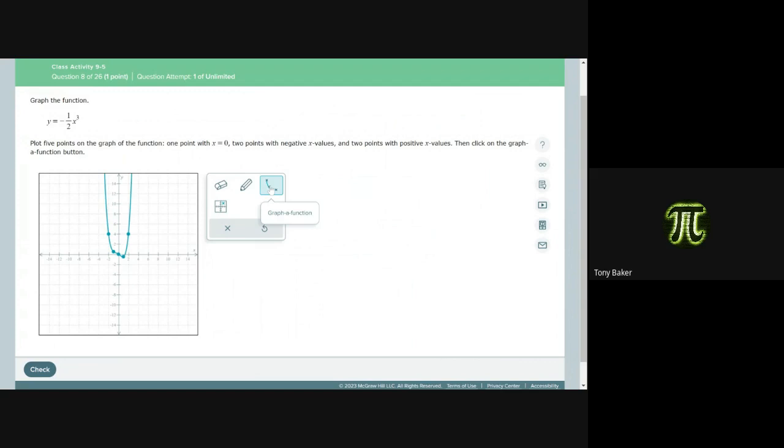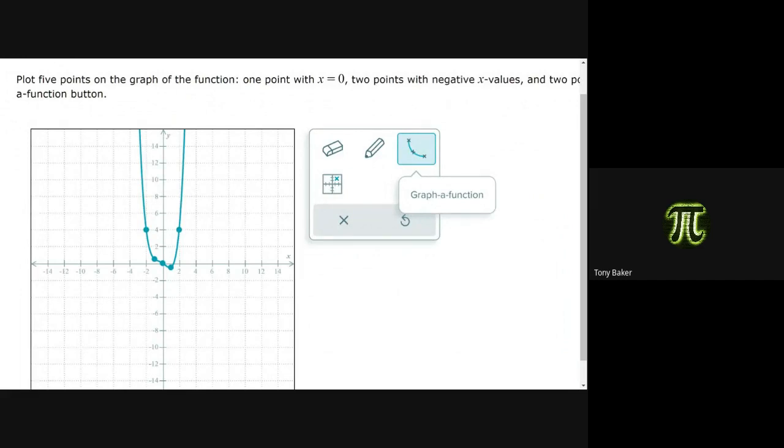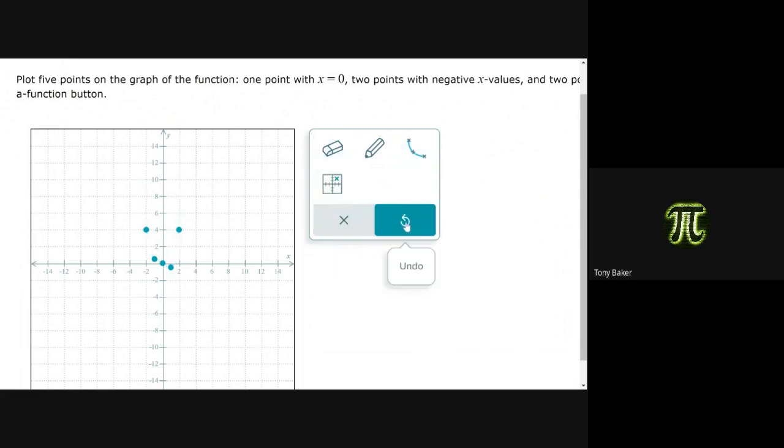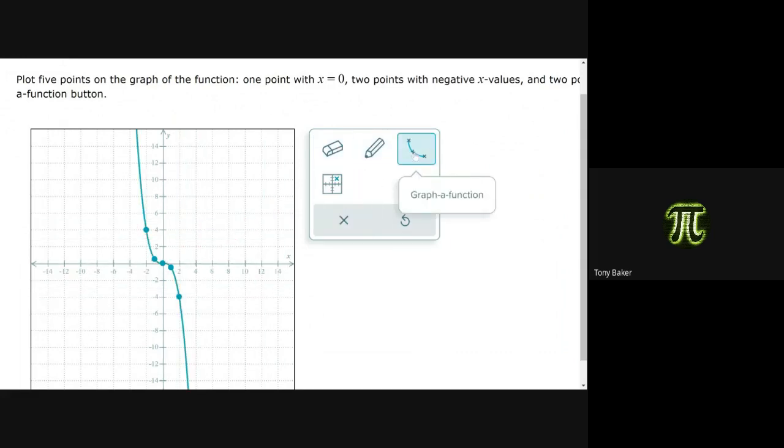It will graph it. Okay. Is that a cubic graph? No, because your cubic should go in opposite directions, correct? So I know I made a mistake, so I have to fix it. So I graph that one. And now we have a nice cubic graph.